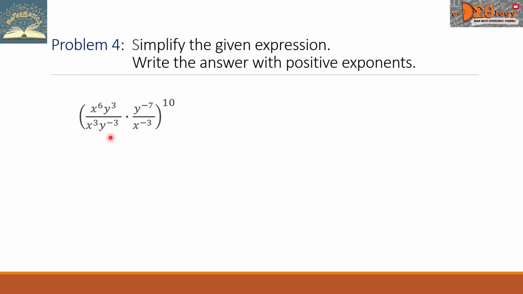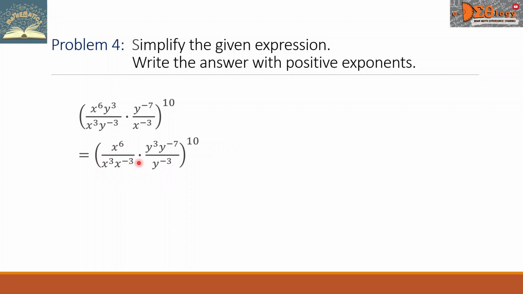In this case, we can put together all the x and all the y together. So we have x power 6 all over x cubed x raised to negative 3 times y cubed y raised to negative 7 all over y raised to negative 3, and all raised to power 10.